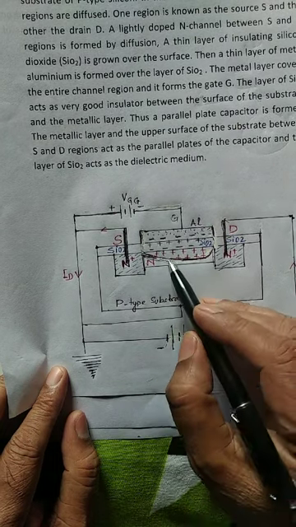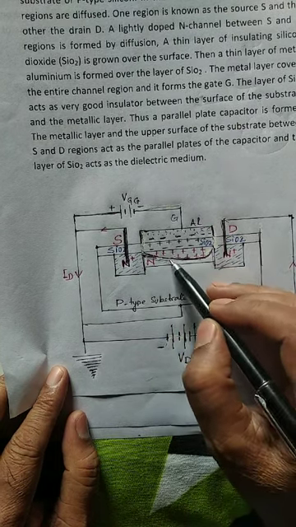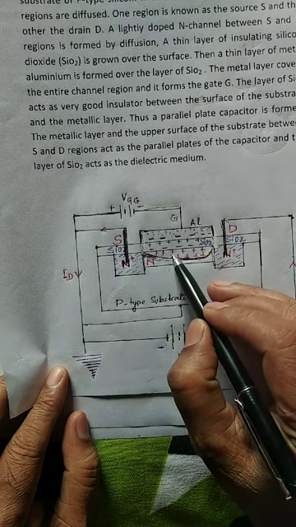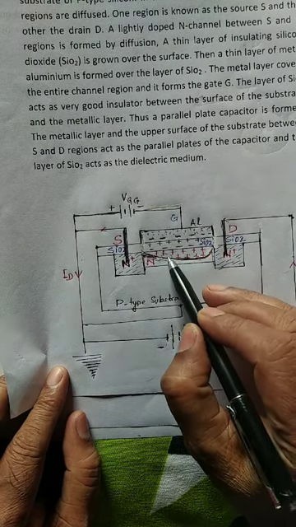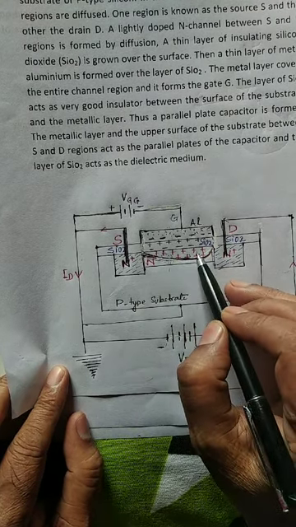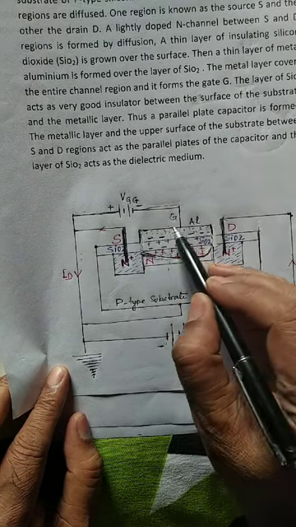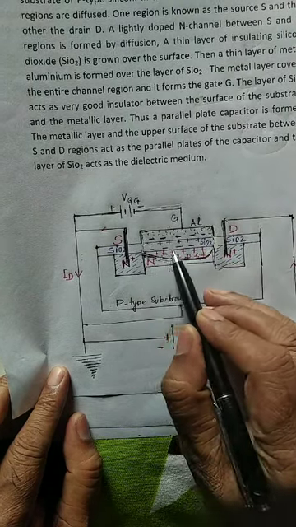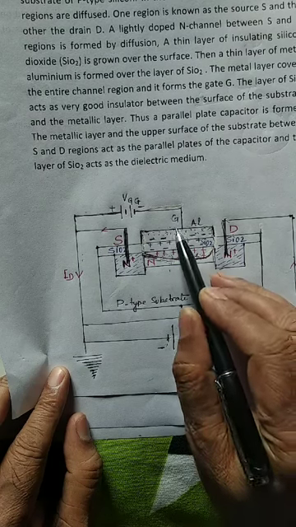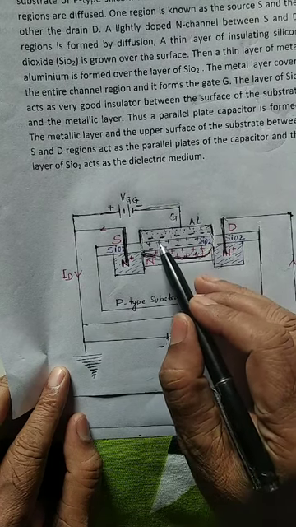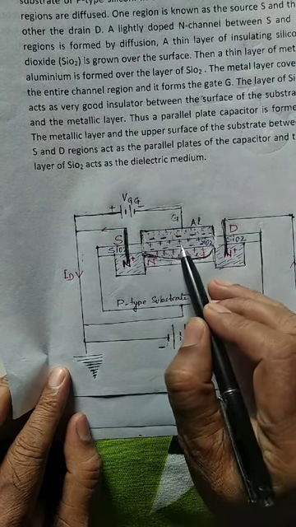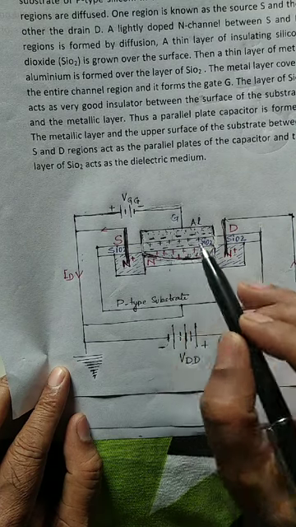That is why you can see these two widths, Y plus here. First let us try to understand Y plus here. See here, this is the metallic layer and this is the N type channel. It will act as a capacitor, and SiO2 will act as a dielectric.